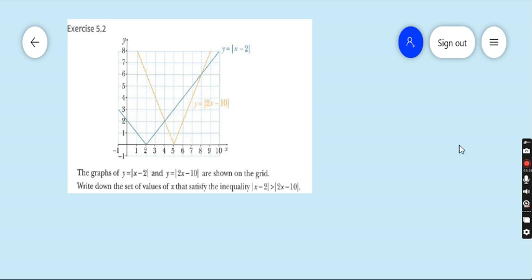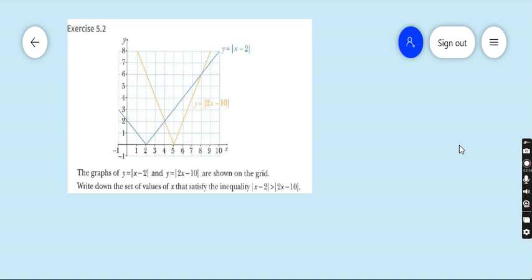The graphs of y equals modulus x minus 2 and y equals modulus 2x minus 10 are shown on the grid. The blue one is the modulus x minus 2 graph and the yellow one is the absolute value graph of 2x minus 10.